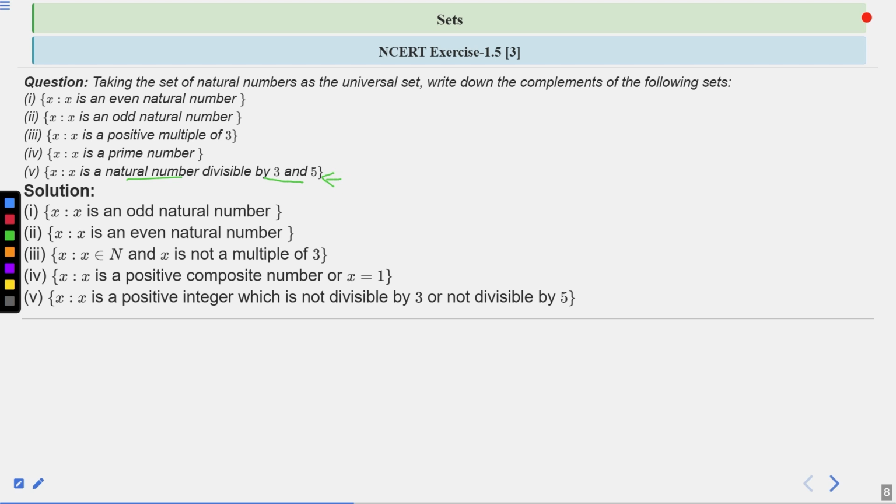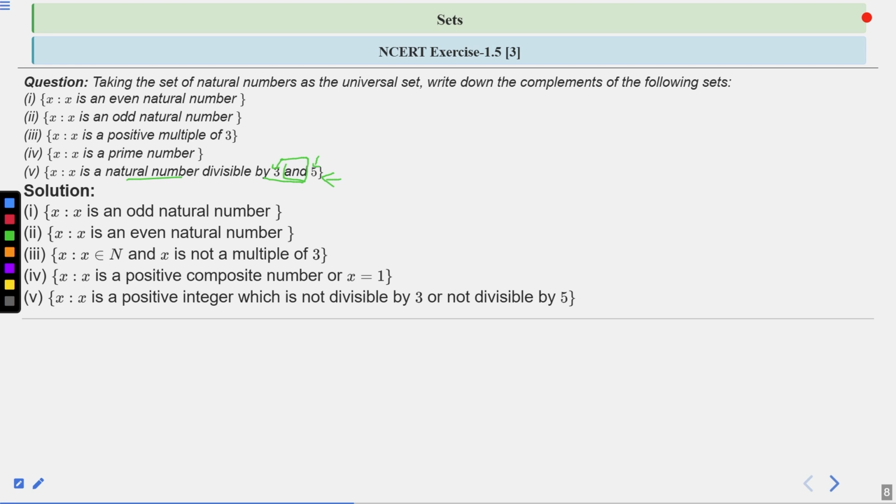Every multiple of 15 will be divisible by 3 and 5. We are using the word and, meaning you have to collect natural numbers which are divisible by both 3 as well as 5. But in the complement, you have to select numbers which are not divisible by 3 or 5. So your number must not be divisible by 3 and 5 simultaneously at the same time.